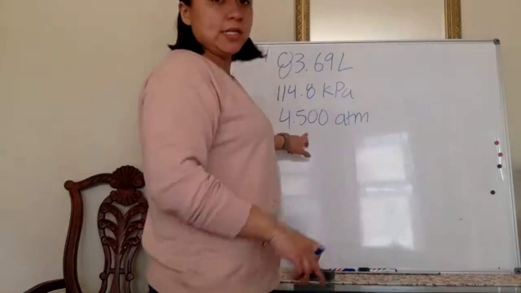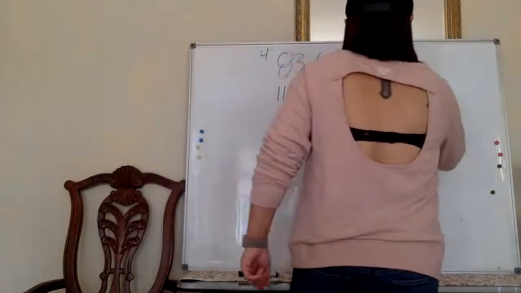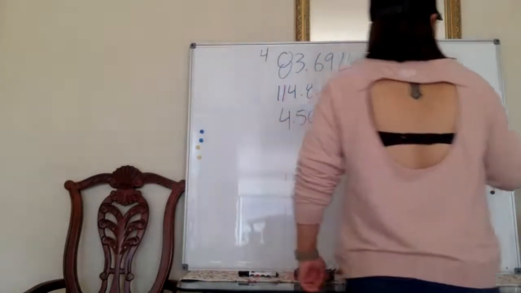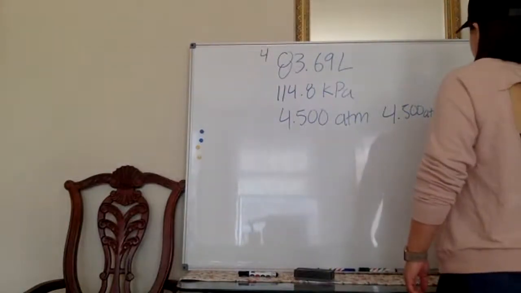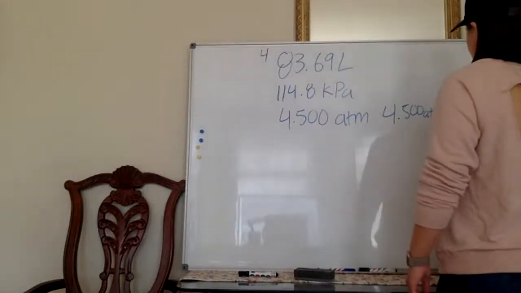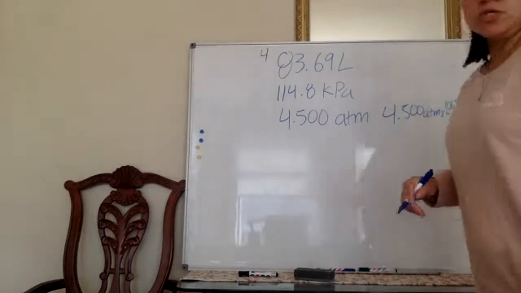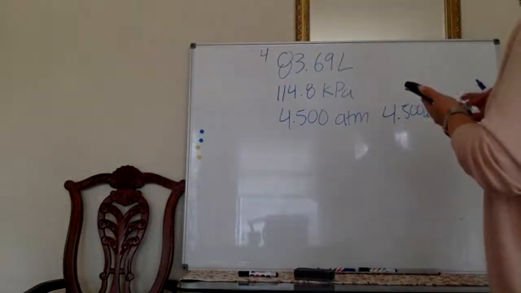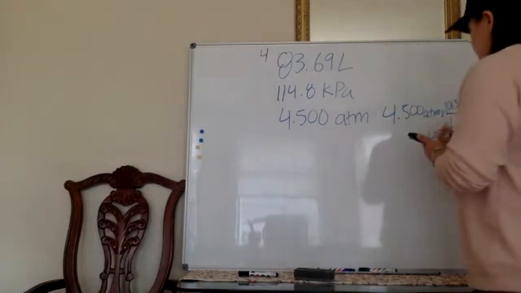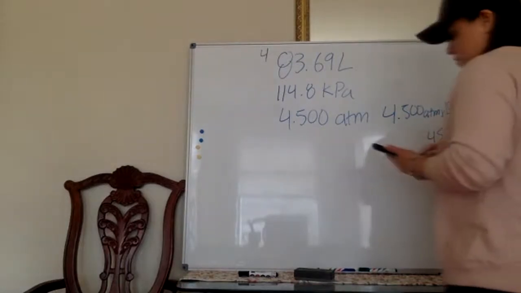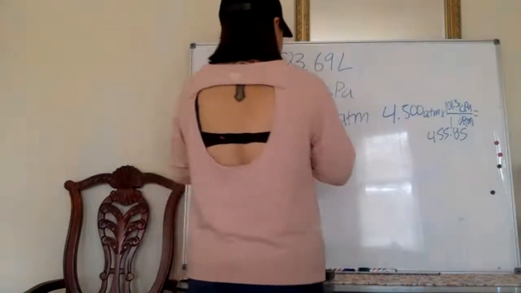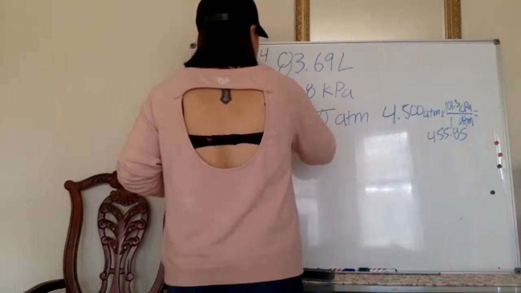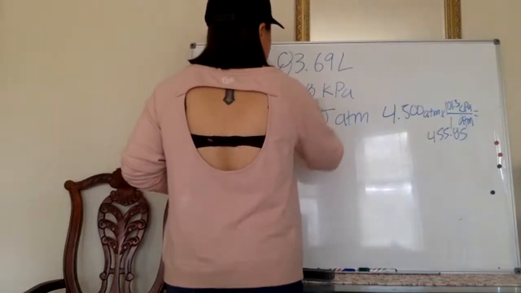If I switched ATM into kPa instead, it would be 4.500 ATM times 101.3 kPa over 1 ATM. You would multiply 4.500 times 101.3 and get 455.85. So instead of this number, you would get 455.85 kPa.